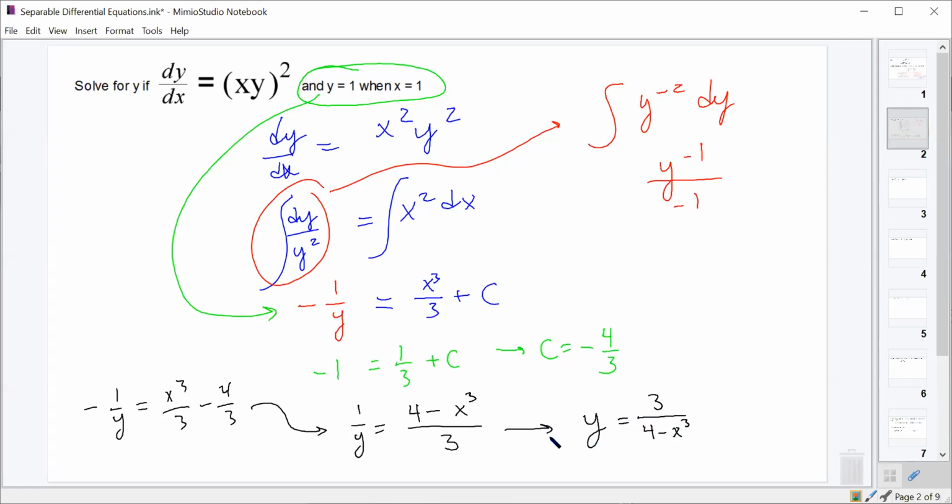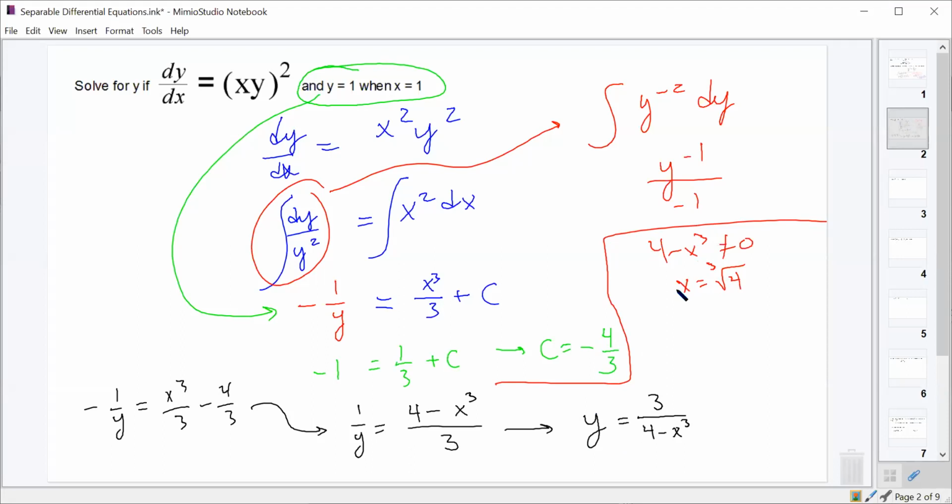Yes. Almost. We've forgotten one thing. And that is the interval on which this solution is valid, right? So are there any discontinuities of 3 over 4 minus x cubed? Yeah. 4 minus x cubed can't be 0, which means that x can't be the cube root of 4.